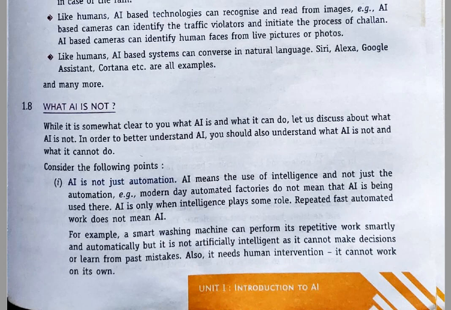You have to select the mode from the given options. But an artificially intelligent washing machine will decide the mode by itself, depending upon various features. So you do not have to select anything. It will select the perfect mode on its own. Then you call it an AI based washing machine. But if it has predefined options and you can only select from those, then it is automatic. So you have to understand the difference between automatic and AI based machines.